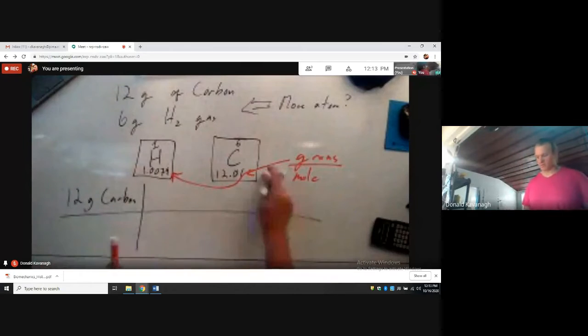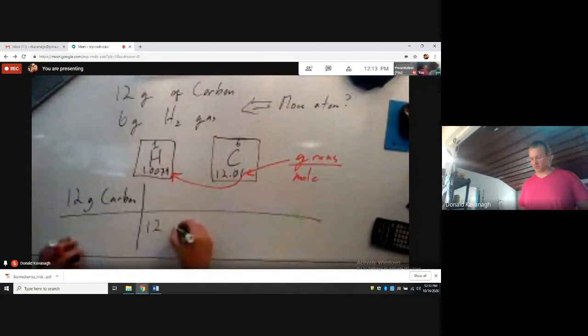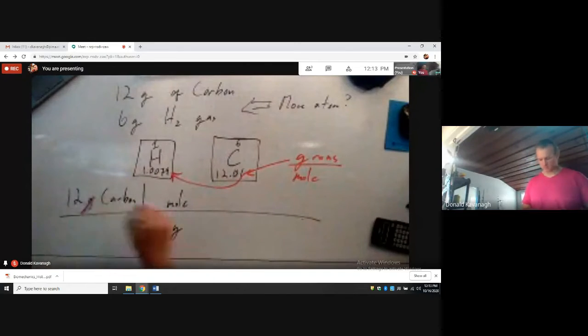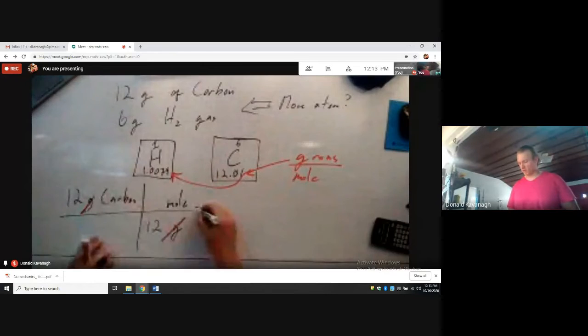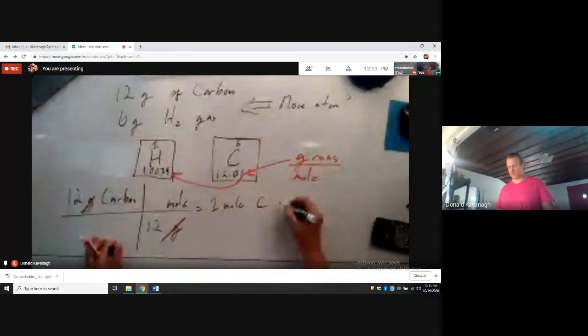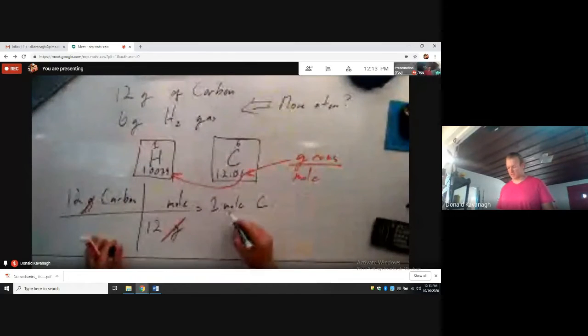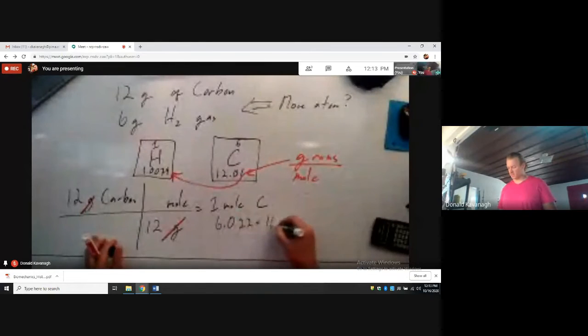The number from the periodic table, I'm just going to round it to 12 grams per mole. Twelve divided by 12, 1. We have 1 mole of carbon, which is the exact same thing as saying 6.022 times 10 to the 23rd atoms of carbon.